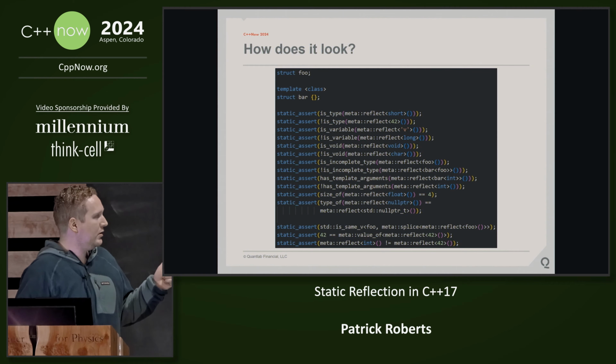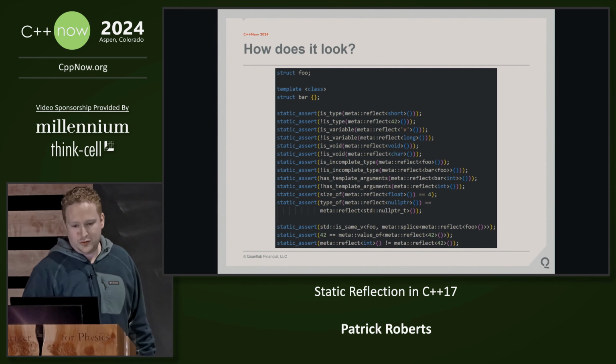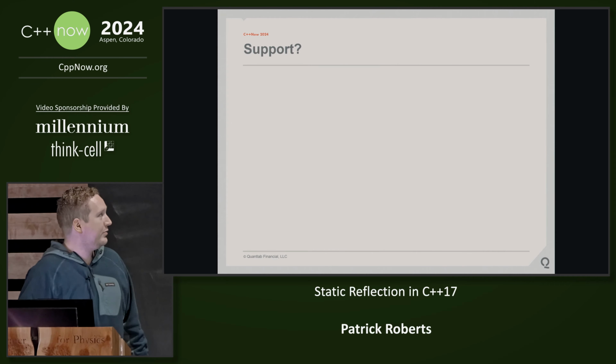For example, on the line where you do typeof the reflect nullptr, you can get the reflection of nullptr_t. And then from the meta info object, you can also retrieve the original thing that was reflected using the splice.